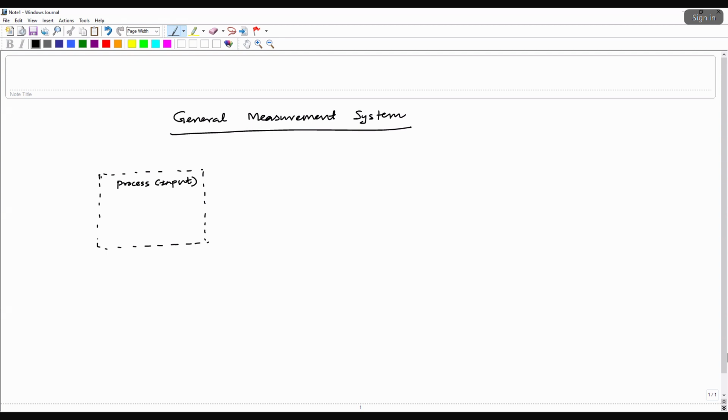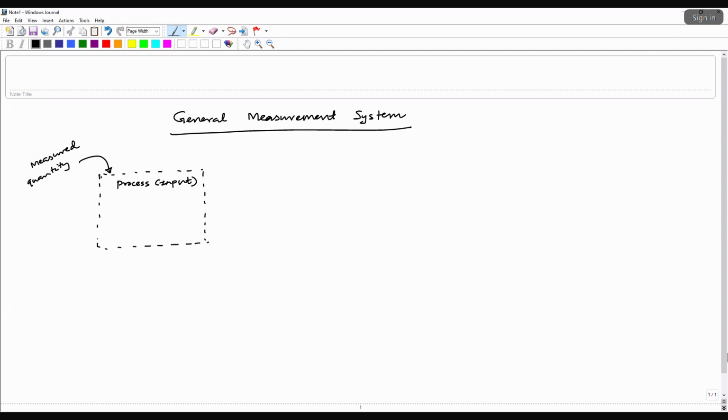So this is basically talking about the measured quantity. In this case, the measured quantity is, let's say, temperature.